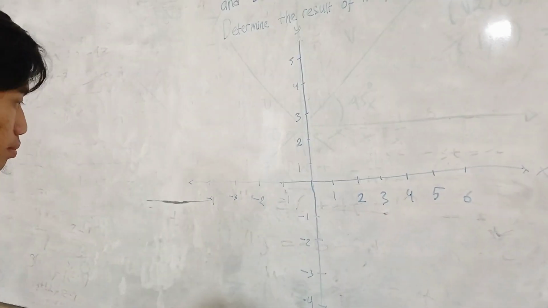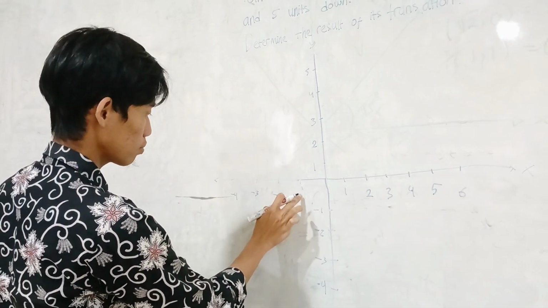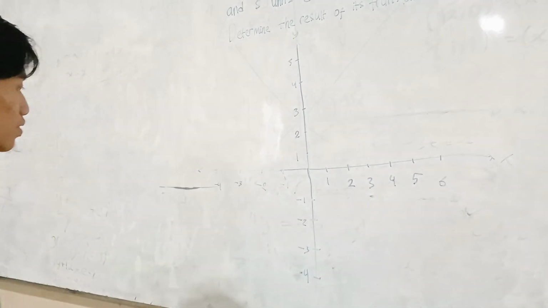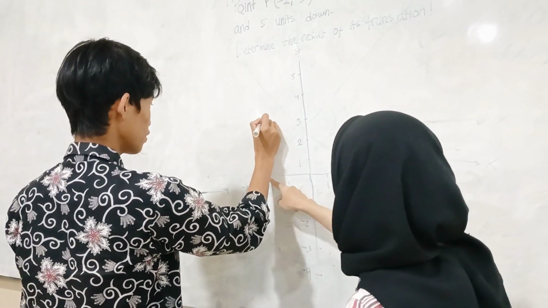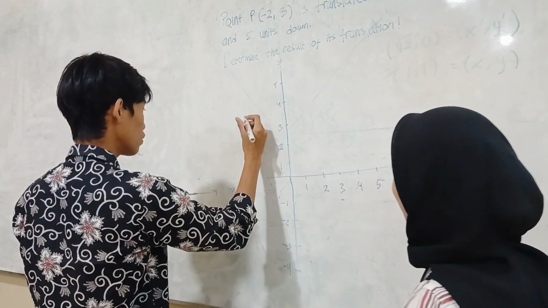Next, you plot point P, which is (-2, 3). Okay, good.